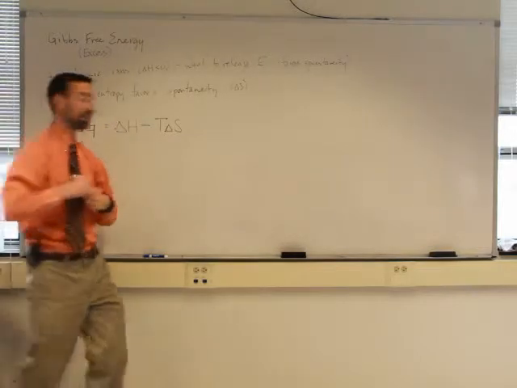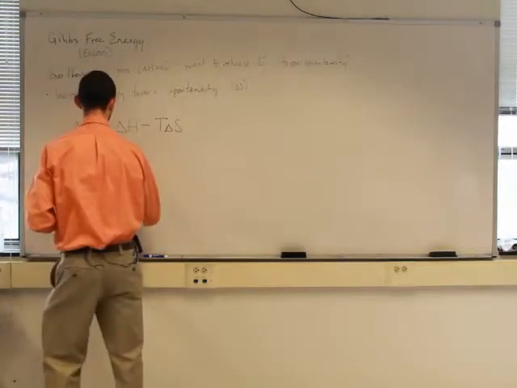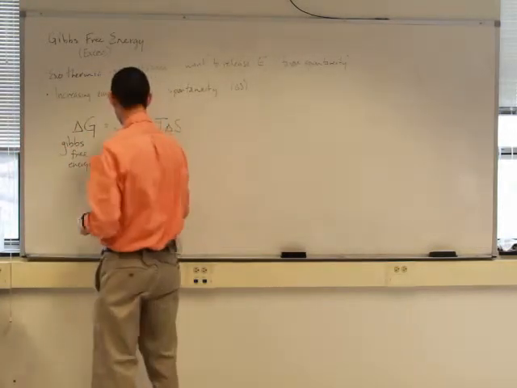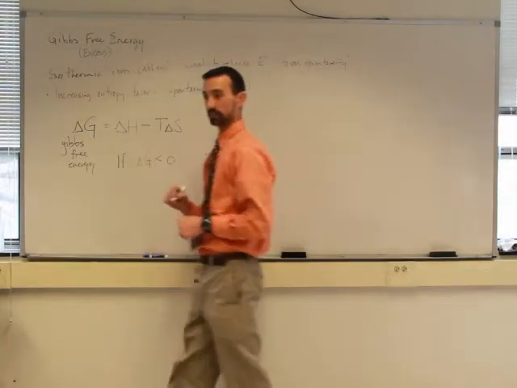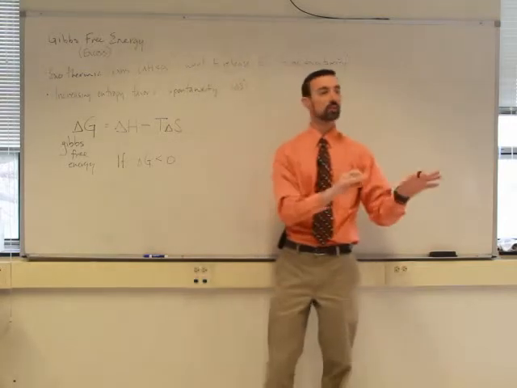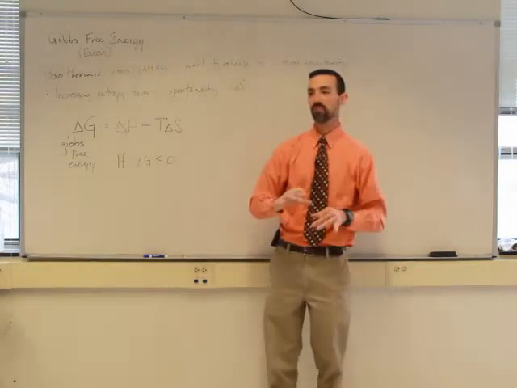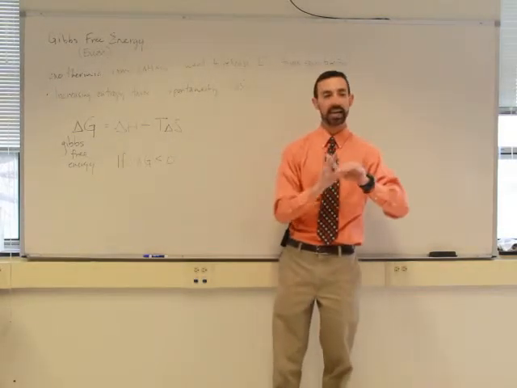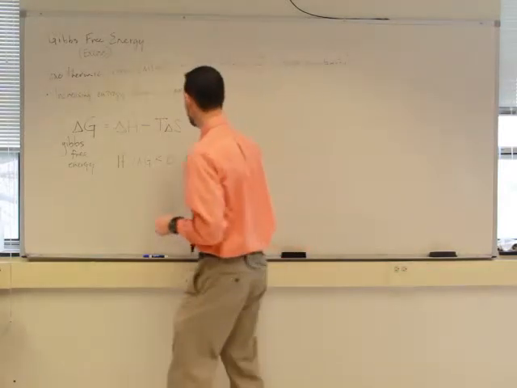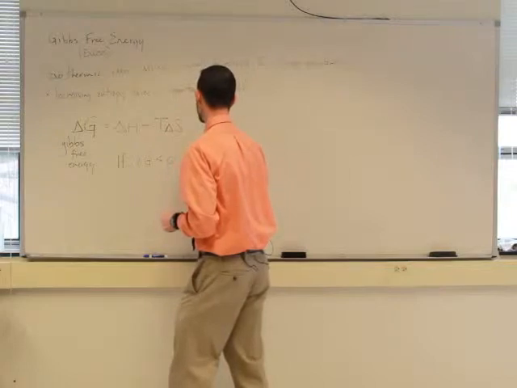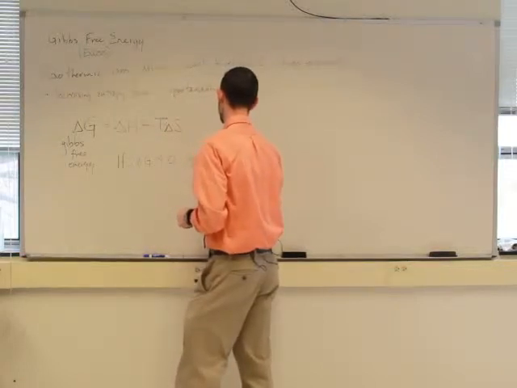This will tell me how much I have left over, or what's the available or free energy that this reaction has. Okay? The key to all of this stuff and connecting it to spontaneity is if delta G is less than 0, so negative. Now money we talk about being positive, right? I want to have money left over, be positive, but in energy it's the opposite, okay? If delta G is negative, the reaction is going to be spontaneous.